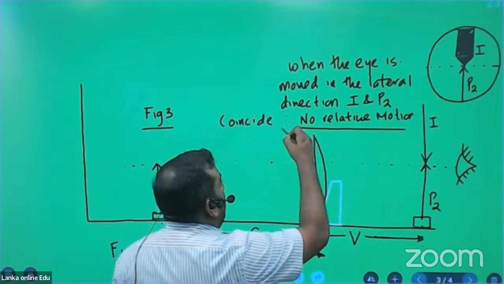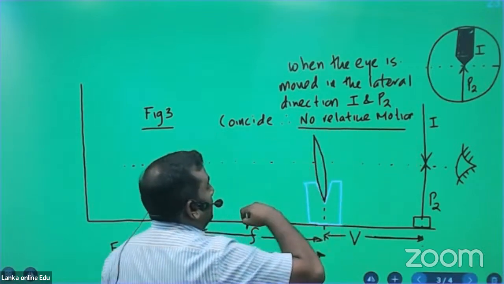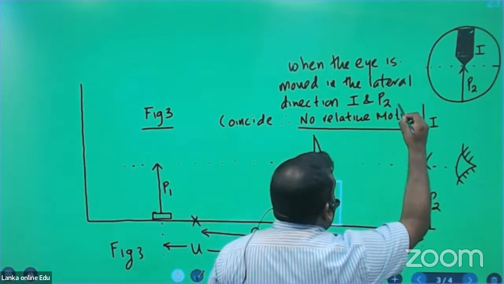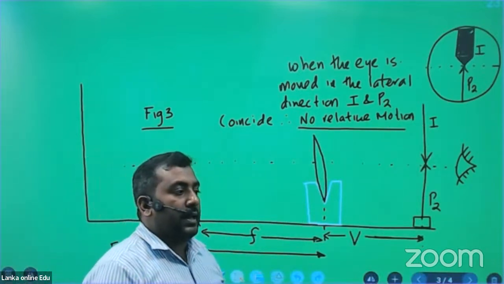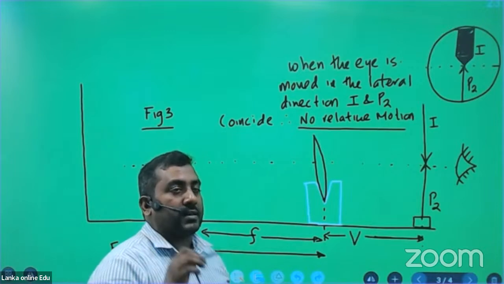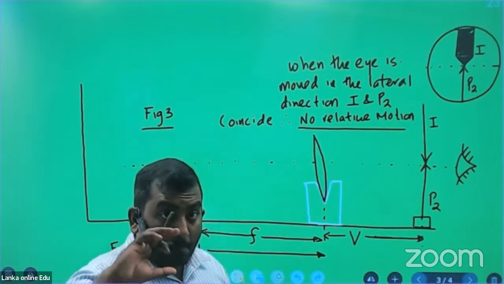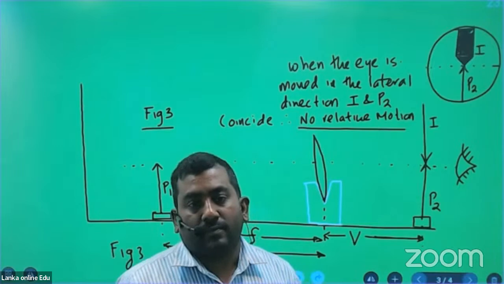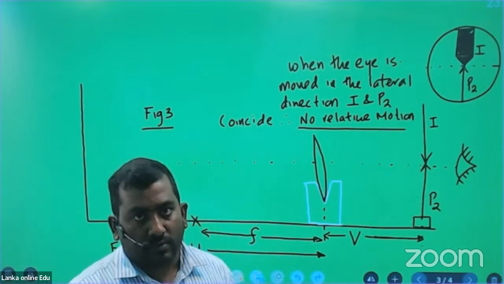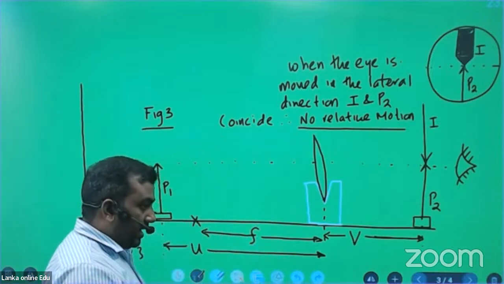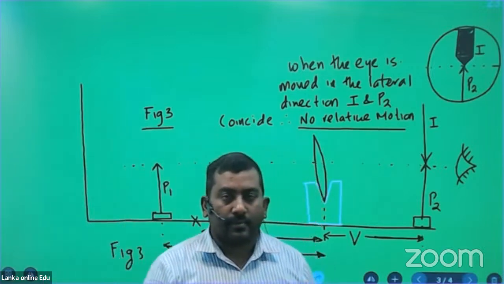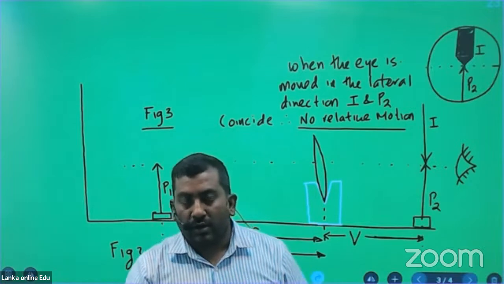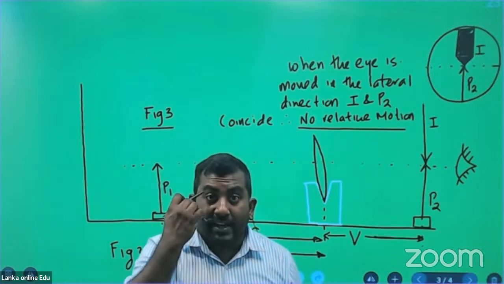Then there will be no relative motion between I and P2 when the eye is moved in the lateral direction.